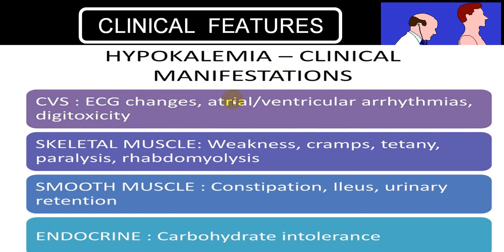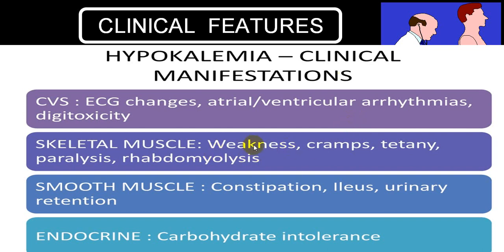So if potassium is less than 3.5 up to 3, usually they are asymptomatic. Between 3 to 2.5, they will be symptomatic. And if it is less than 2.5, the person usually will develop severe symptoms, and very severe if the potassium is less than 2.